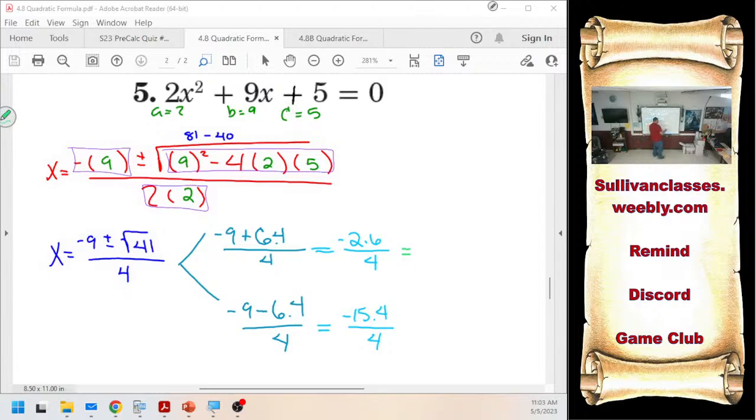Oh. Yep, that's why I said we need to check. Okay, do negative 15.4 divided by 4. Yeah. So I did number 5 and I got something a little different.